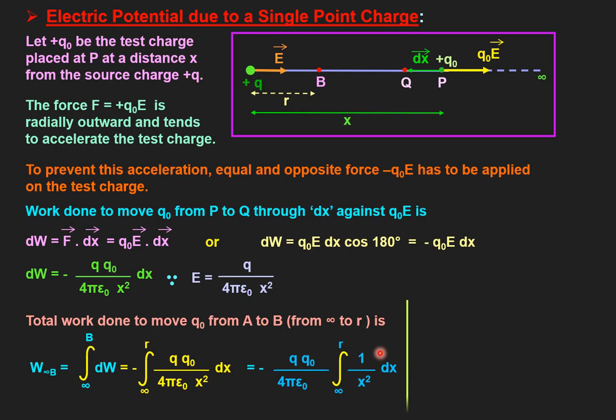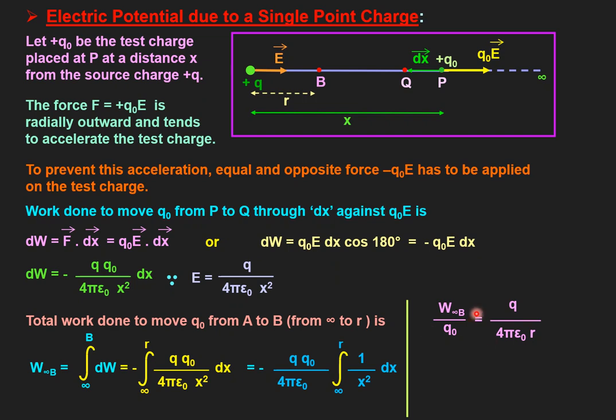So what we can obtain here is that work done will be simply equal to, so what we want for electric potential is work done per unit test charge. So this test charge I have taken on the left hand side because I want to calculate work done per unit test charge.